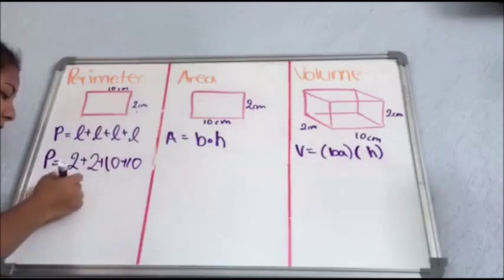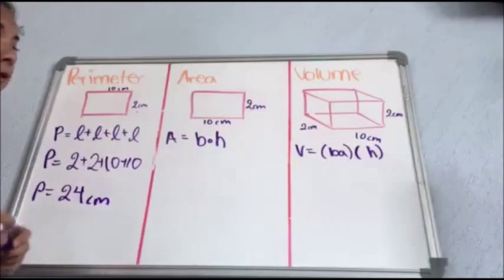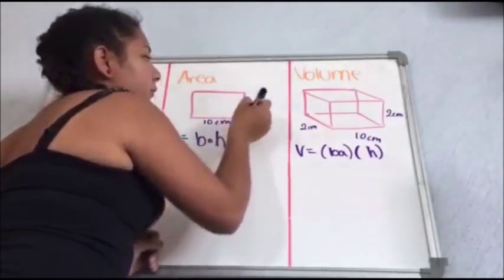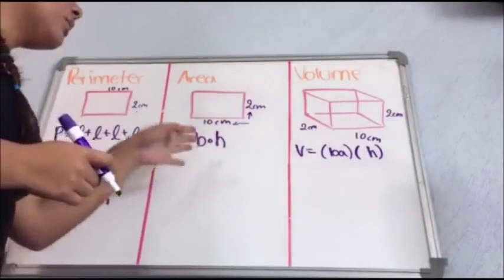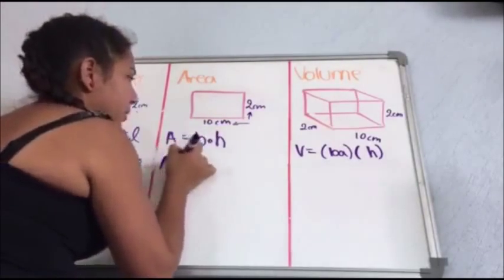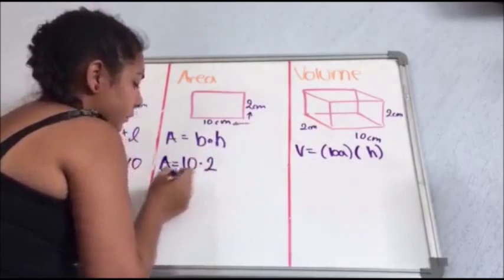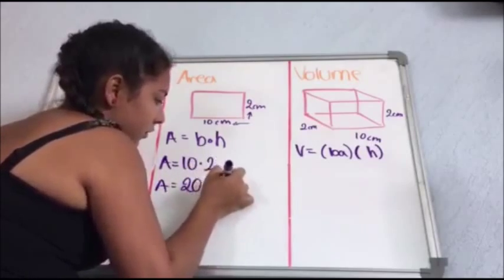So, we added and we got 24 centimeters. For the area, we need to multiply the base by the height. So, now that we know that the base equals 10 and the height equals 2, we multiply it and we get 20 square centimeters.